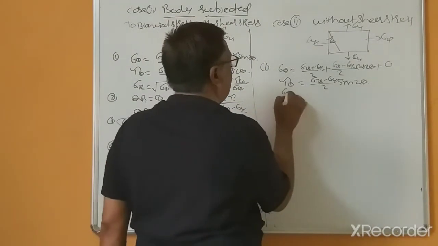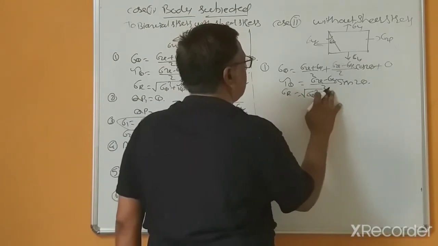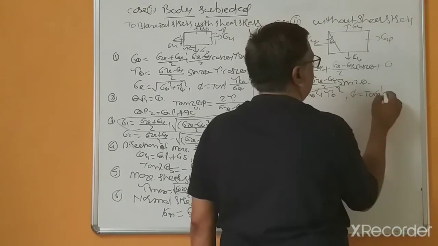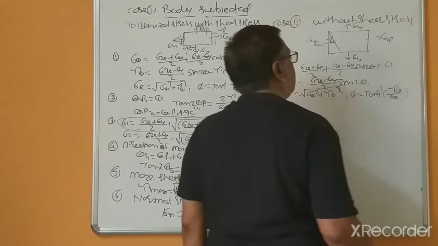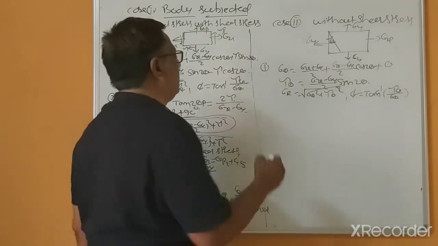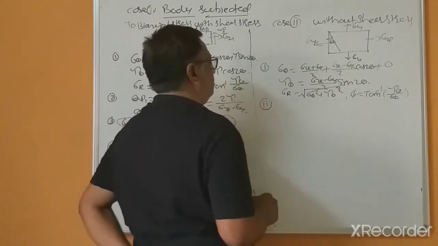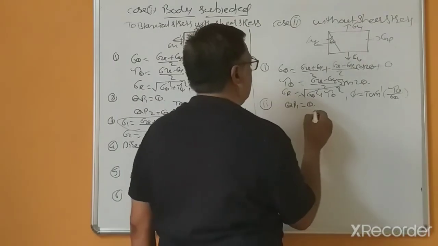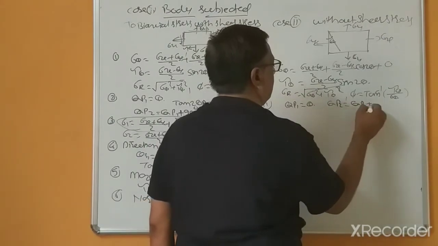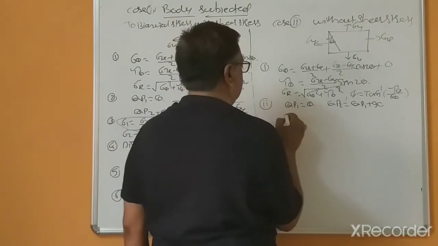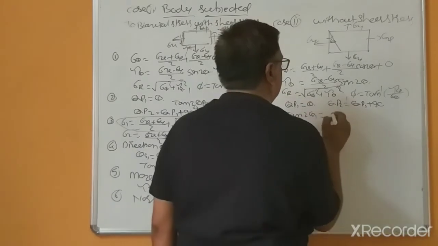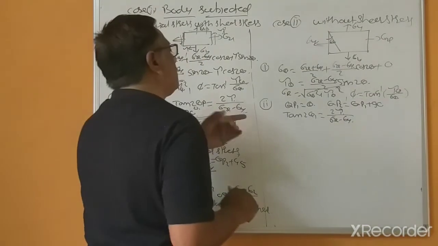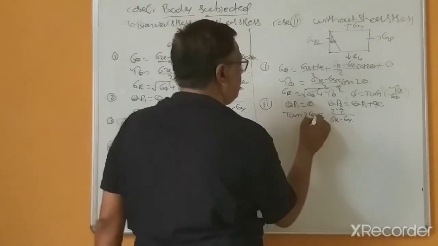This is the first bit. Sigma r equals sigma theta squared plus tau theta squared. Second bit, this is the inclination of the maximum principal plane.